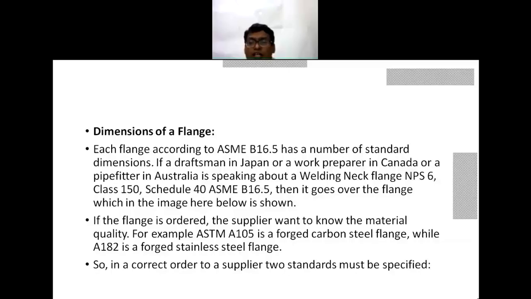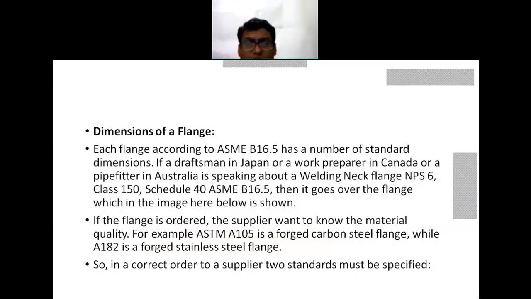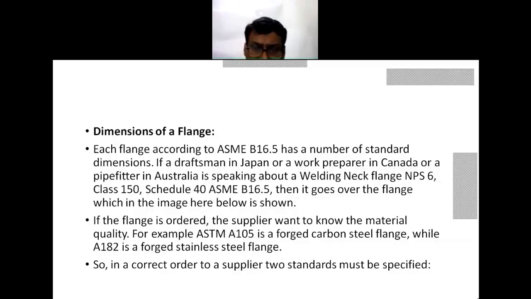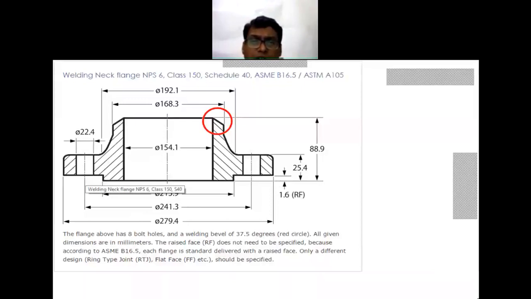If a draftsman in Japan or any work preparer in Canada, there should be certain interchangeability, so that classes 150, schedule 40, these are your specifications which are to be followed. Class and the schedule. For pipes it's a schedule, and that is to be restricted by the different fabricators.